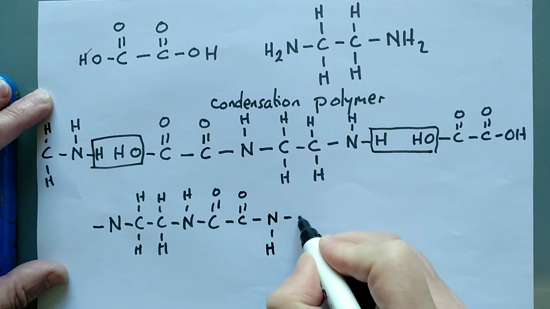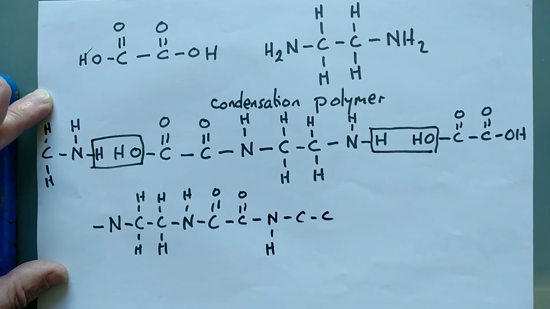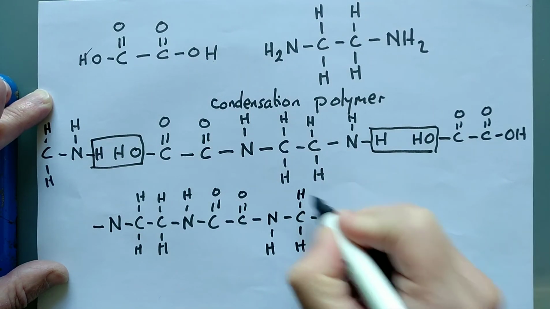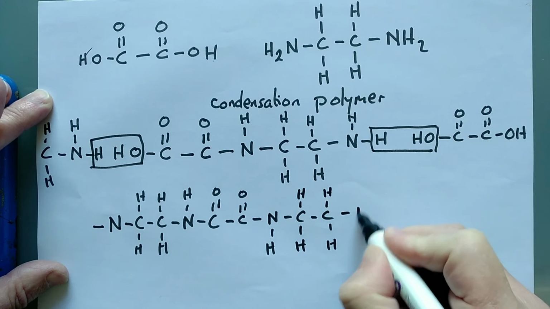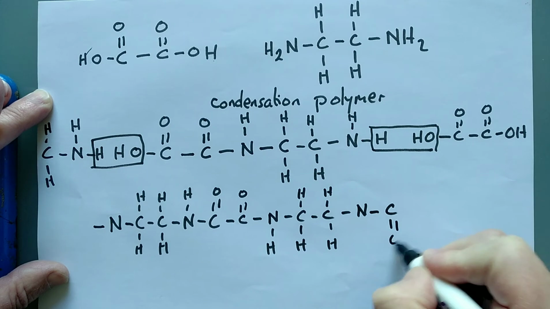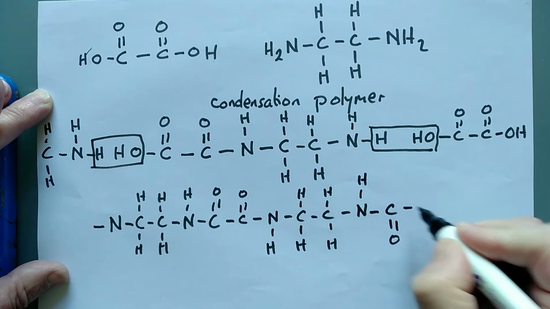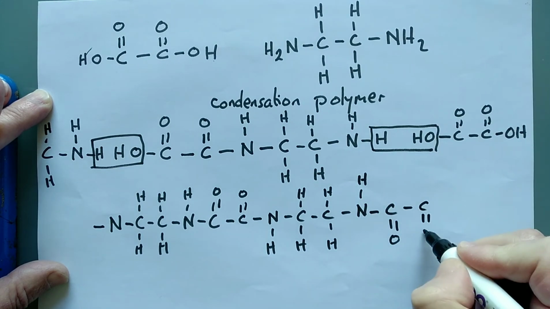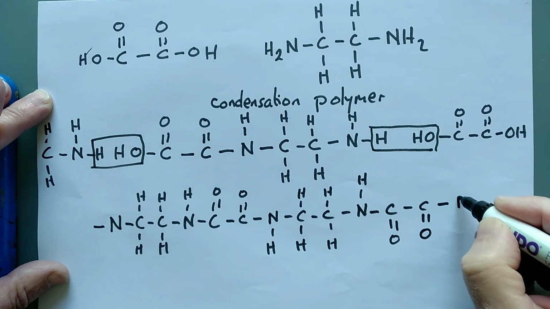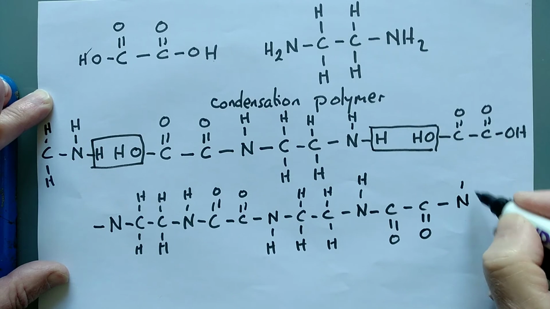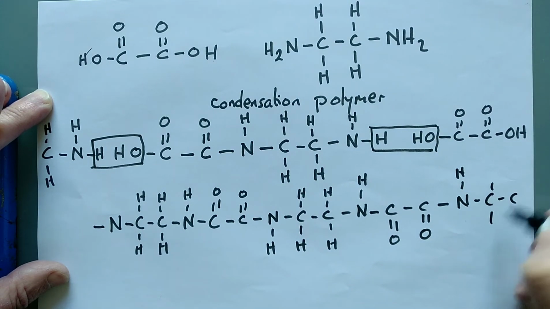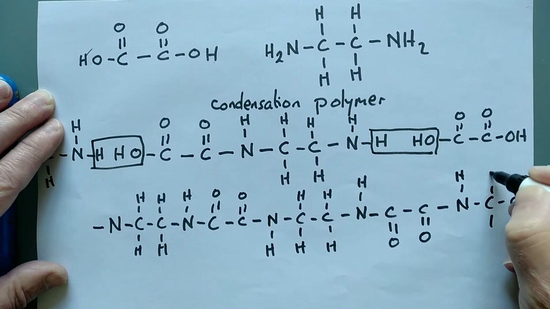That'd be this one, two carbons, both with hydrogens on them again. Back now to this amide linkage, and back again to the dicarboxylic acid, which will again go off to form another amide linkage, and the whole thing will just carry on and on and on.